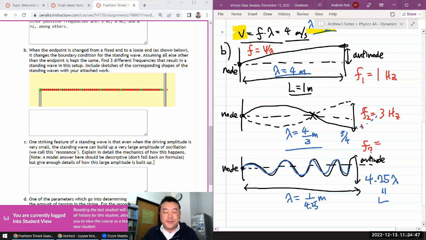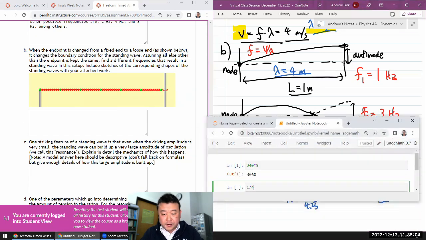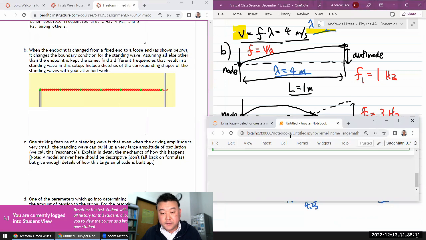Now, if I do want to count, okay, so this was the second harmonic. So third, fourth, fifth, sixth, seventh, eighth, ninth harmonic is what it's going to be. Now you can count the number of nodes. That's a way to get to it, but not necessary. Let me just do 1 over 4.25 in a calculator. Wait, not 1, 4. 4 meters per second divided by 4.25.